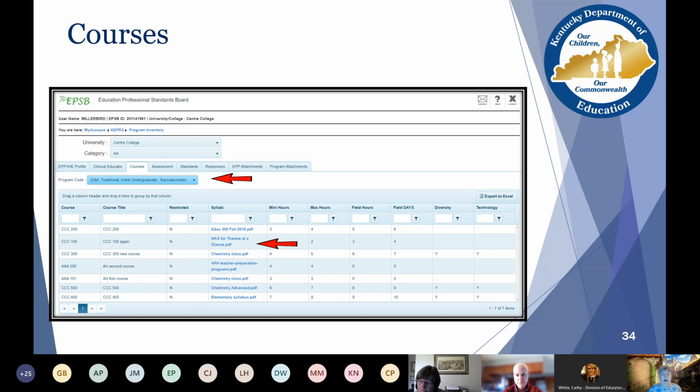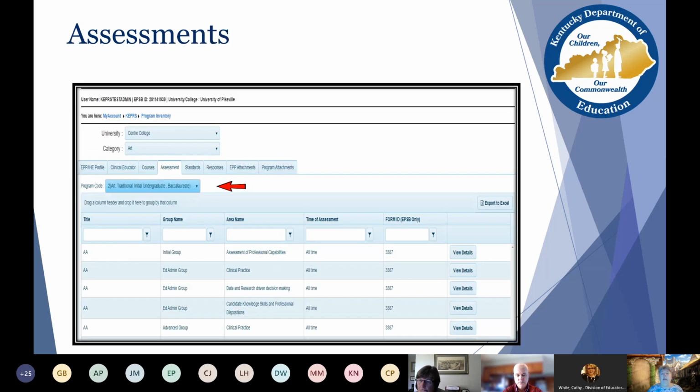The next tab is the assessment tab, and this displays all the assessments used for the specific program. I would like to clarify there are course assessments that are related to student performance, and then there are program assessments that the EPP uses to evaluate the effectiveness of their programs.